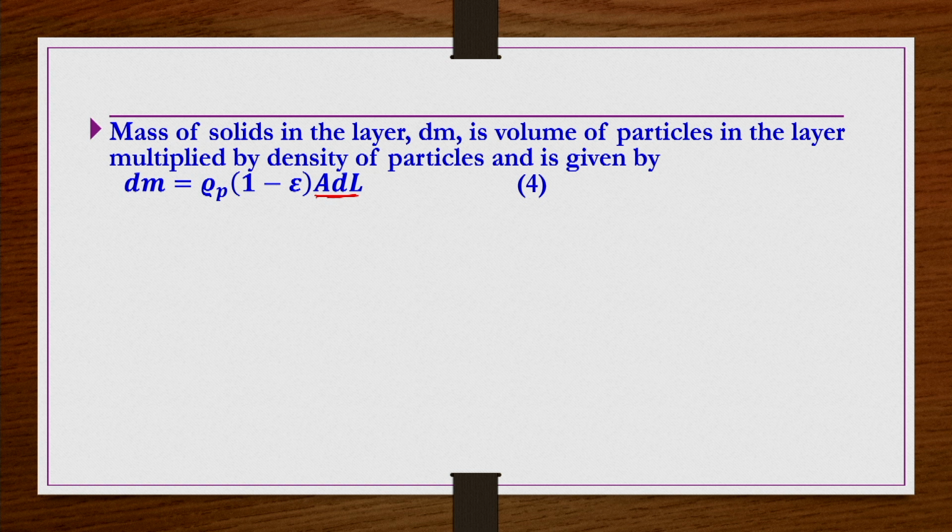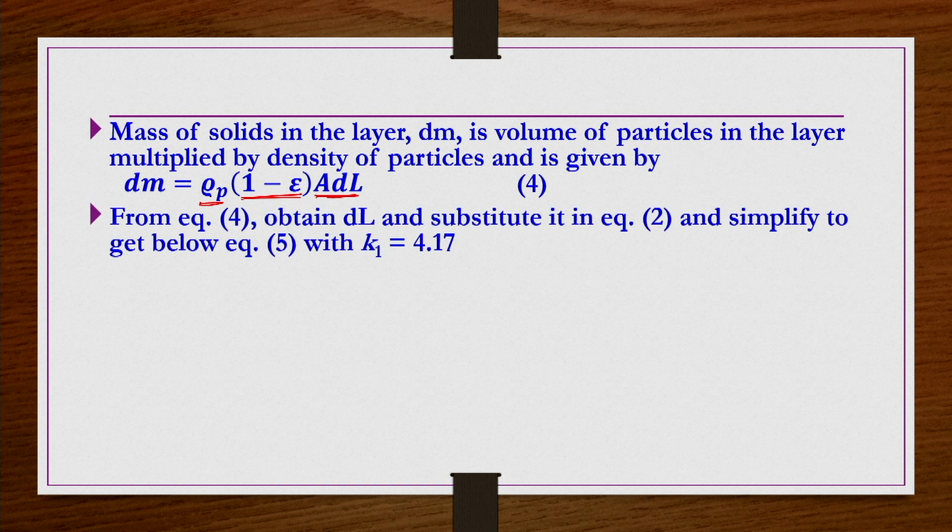If you multiply that by 1 minus epsilon, which is nothing but the volume fraction of the particles in that layer, that gives the volume of particles. So 1 minus epsilon A dl is the volume of particles, and if you multiply that by the density of particles, you get the mass of the particles present in that layer of cake of thickness dl. Okay.